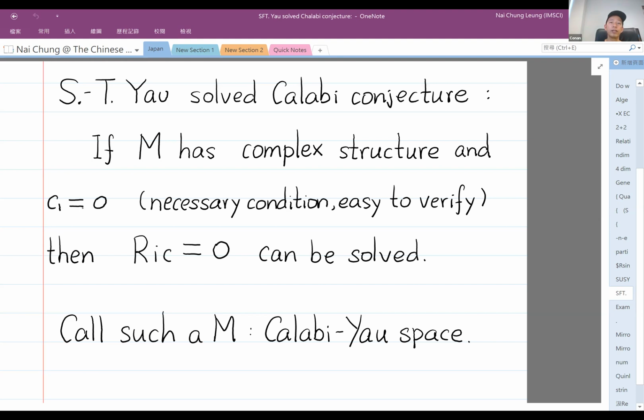And if the degree of the polynomial is 5, that is the same as the first Chern class being 0. I'll mention that in a second. So this is very easy to arrange by just solving complex polynomials. You just write down the polynomial, and then you know that space has a complex structure.